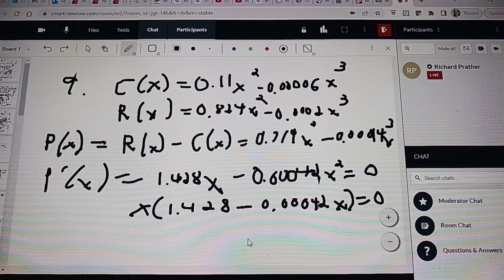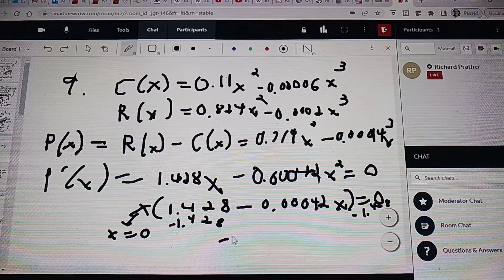So there might be a larger GCF than that, but that's fine. Just take out x, because then one of the critical numbers is 0 itself. 0 makes that equal 0. And then whatever makes this 0, that's just linear. So all you have to do is subtract 1.428 from both sides.